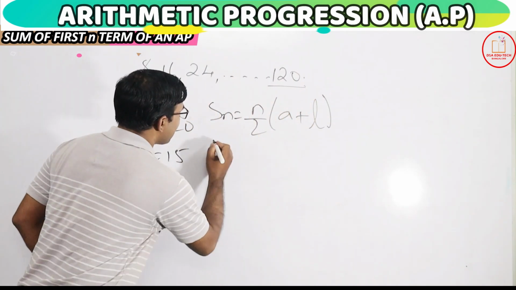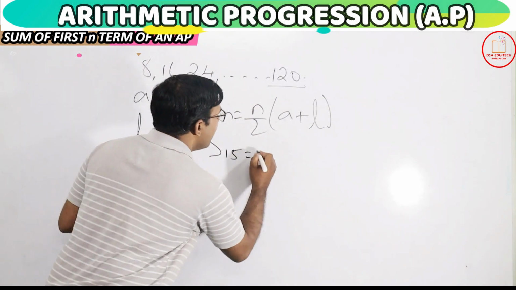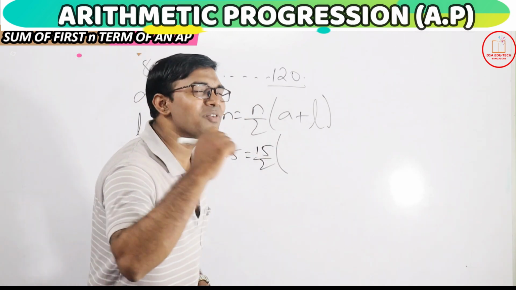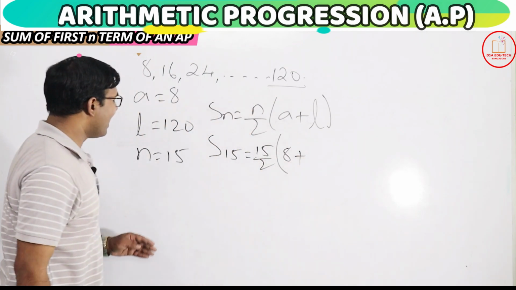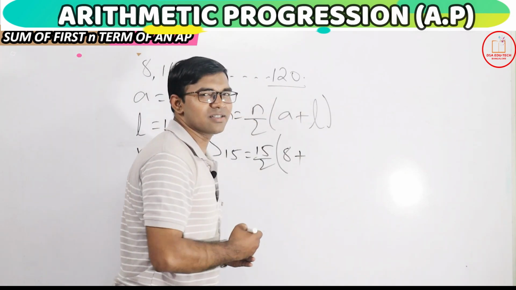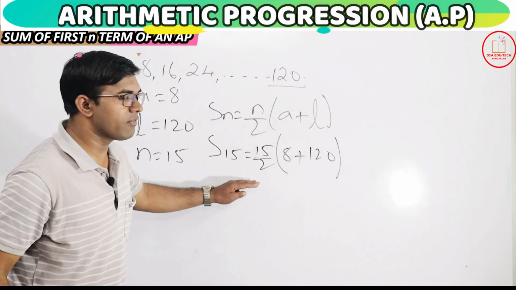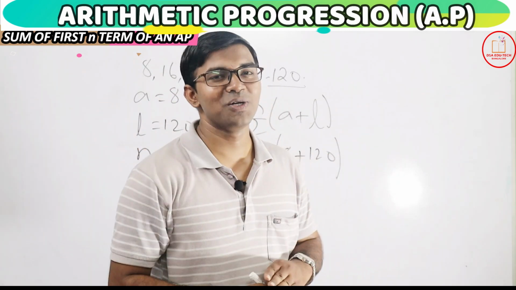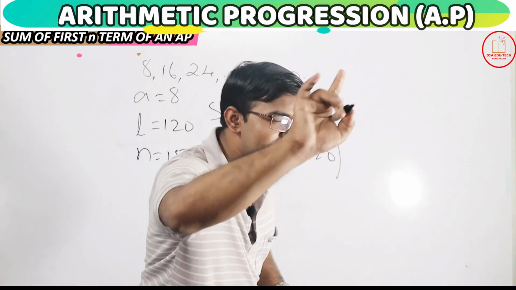So n is 15, so I'll write 15 divided by 2, and the a value is 8, plus the l value is 120, that is the last term, right? Whatever the value was in the formula, I have just substituted it. Now let me do the addition, subtraction, multiplication, division, only that much.